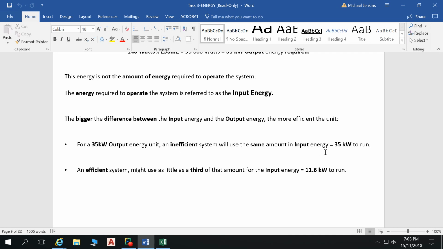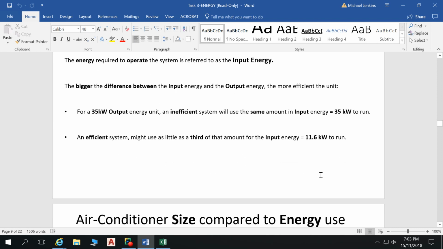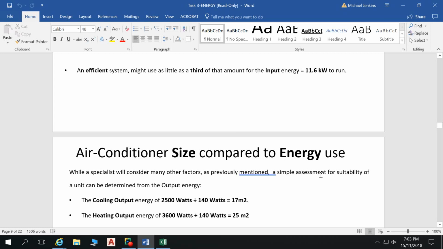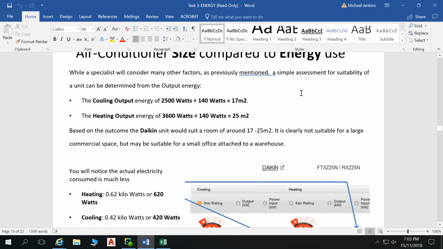Run it for 8 hours, we have to pay 8 by 35 kilowatt hours. So quite expensive to run. Whereas an efficient system will use around 11.6 kilowatts to run it. So 11.6 kilowatt hours for our first hour.